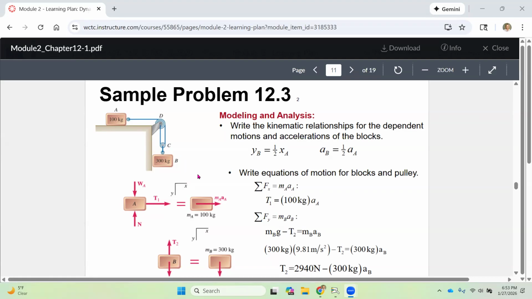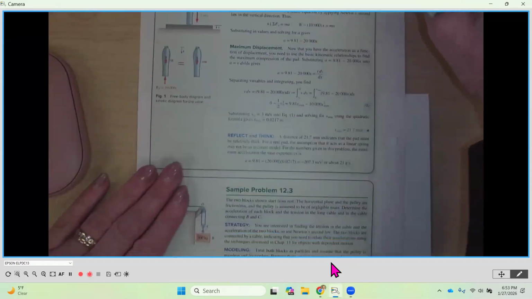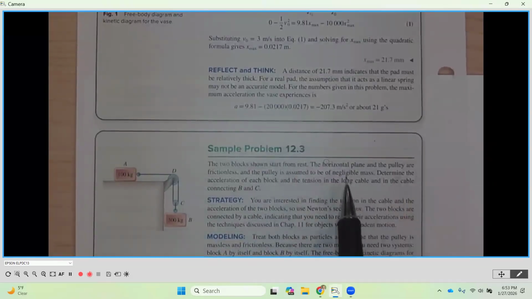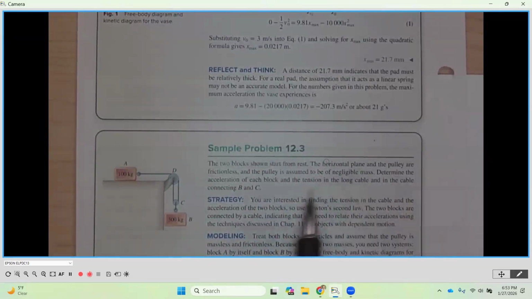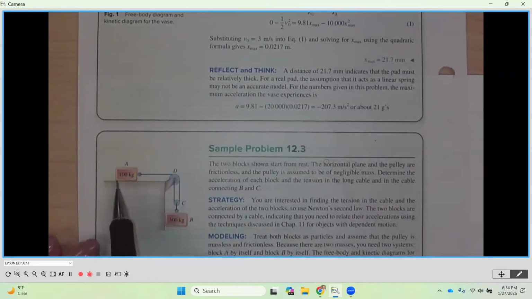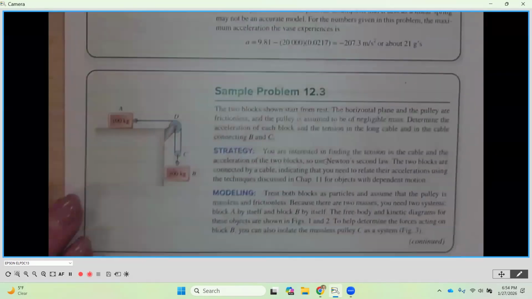The problem states that, and I'm going to go underneath here because they don't have the full problem statement on that slide. So we've got the two blocks and they're shown right now. They start from rest. The horizontal plane of the pulley is frictionless. So we aren't going to be worrying about friction between block A and that horizontal surface that it's riding on.